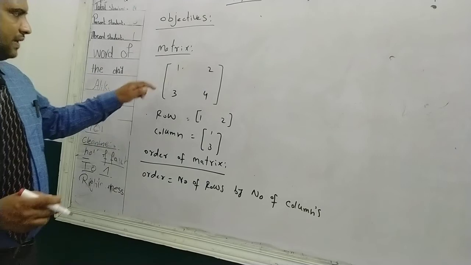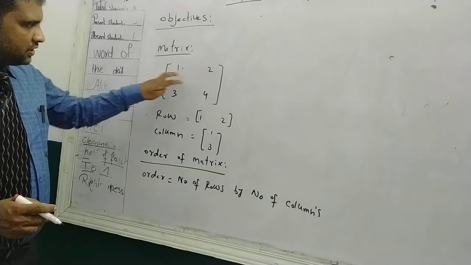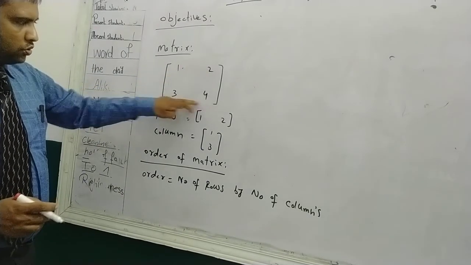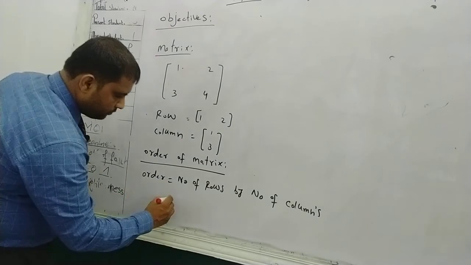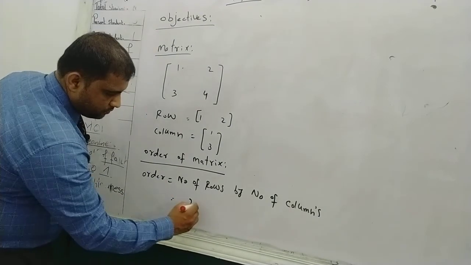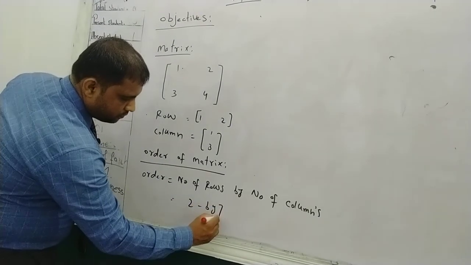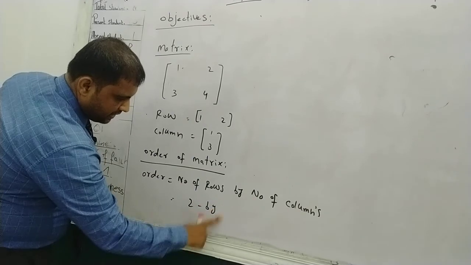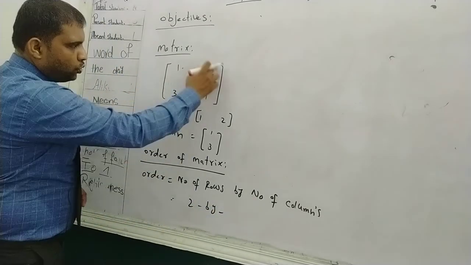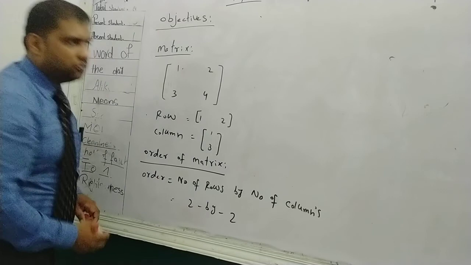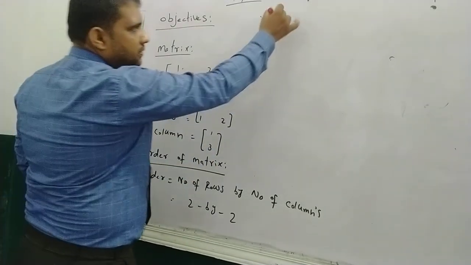If we find the order of this, there are 2 rows by 2 columns. So 2 by 2 is the order of the matrix.